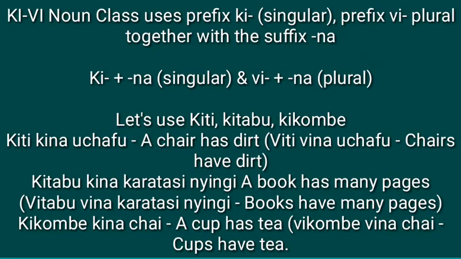Let's use examples with kitabu, kiti, and kikombe. Kiti is a chair, kitabu a book, kikombe a cup. So kiti kina uchafu, a chair has dirt. Viti vina uchafu, chairs have dirt.